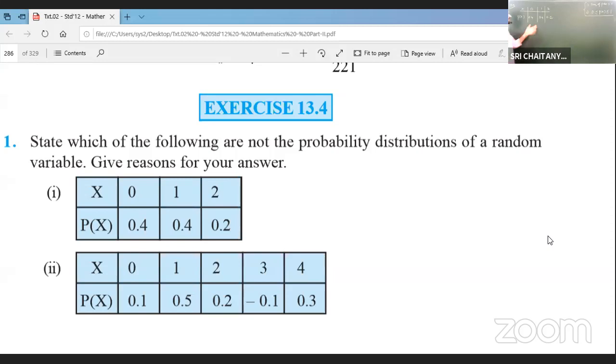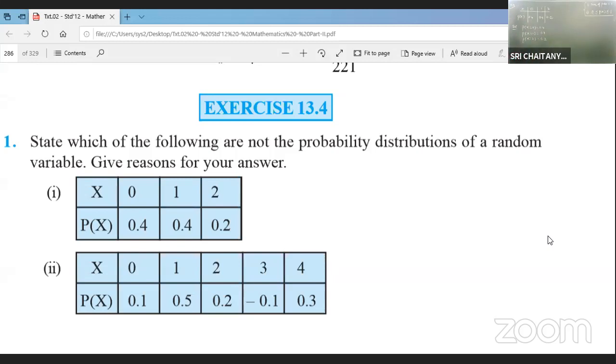Observe. First of all, what is the meaning of this question? If X is equal to 0, probability of that X value is equal to 0.4, means P of X is equal to 0 is 0.4. Probability of X is equal to 1 is 0.4. Probability of X is equal to 2 is 0.2, right?